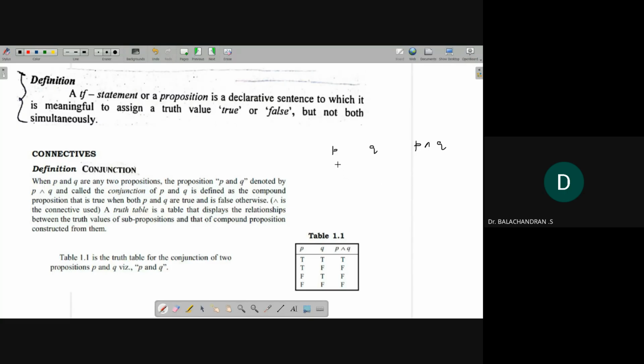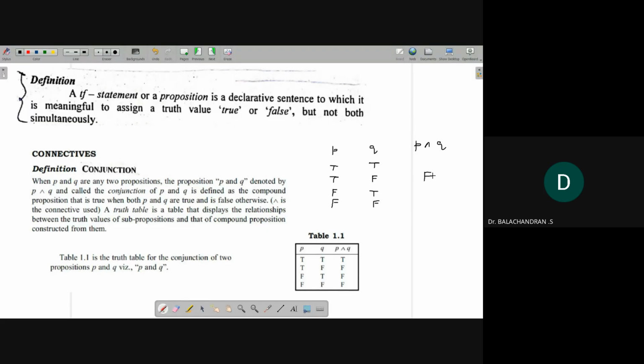Usually for two variables you have four rows. For P: true, true, false, false. For Q: true, false, true, false. So it has only one true.